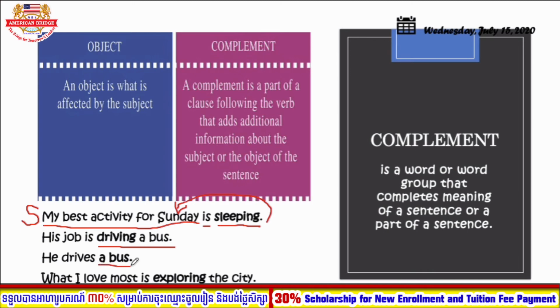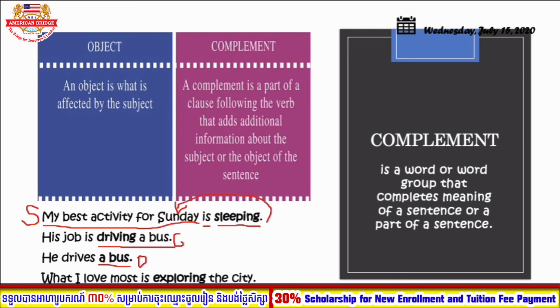So a bus here is clearly the object because it is affected by the action verb drive. What does he drive? He drives a bus, which means a bus is affected by the action verb drive. So here a bus is the object, and driving a bus in the previous example is a complement.